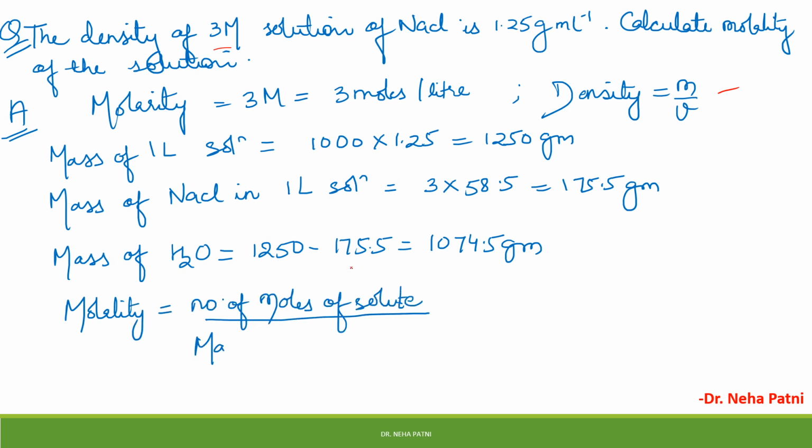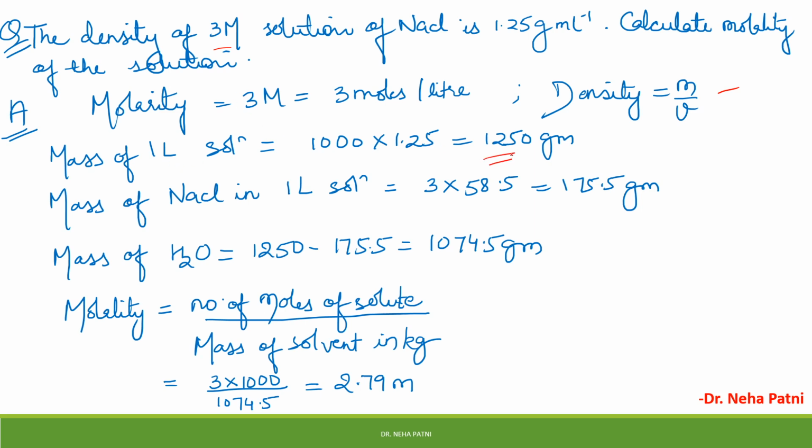Since you have already calculated the mass of 1 liter solution in grams based on this, right? Because you already have 1.25 gram per ml. So if you multiply this by the volume, you'll be getting grams.